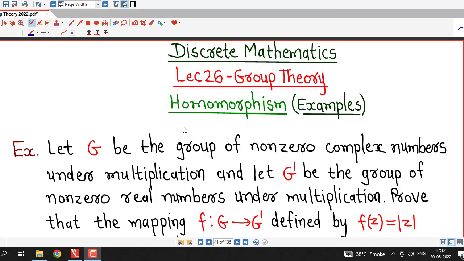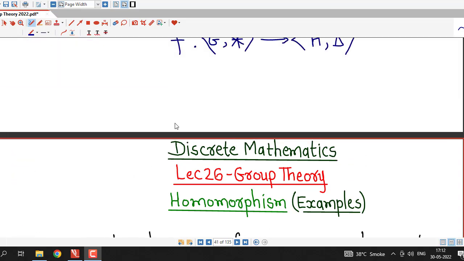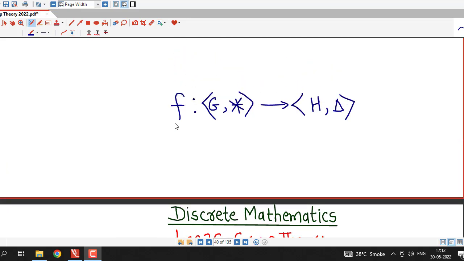We have defined group homomorphism in the previous lecture and we just recall the definition. We know that a group homomorphism is a function from one group to another group. Suppose I have two groups, G under binary operation star and group H under binary operation delta.